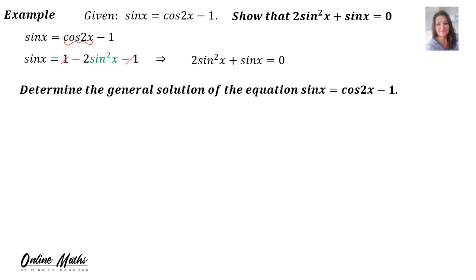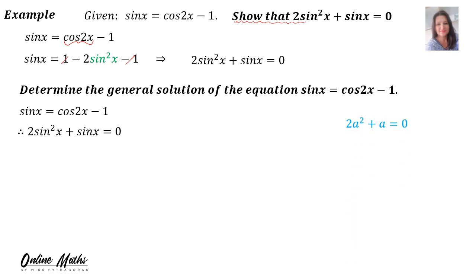The next part of this question was: determine the general solution of the equation sin x is equal to cos 2x minus 1. Now, in the previous sum, you have shown that that is equal to 2 sin squared x plus sin x is equal to 0. So you can start by writing that down. And now it's an equation and we're going to solve it and find the general solution.